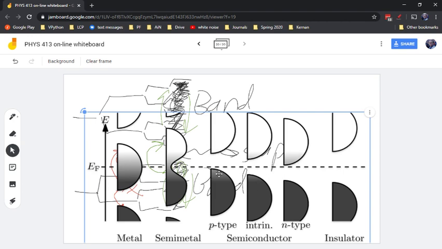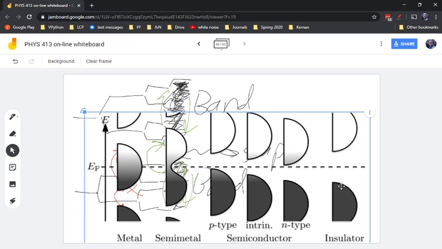You still have a gap, but the gap is near the Fermi energy, right? So for example, for an n-type semiconductor, here you've got the empty band near the Fermi energy. For a p-type semiconductor, you've got the full band near the Fermi energy. And so that's why you've got one type where the electrons move easily, and the other type where the holes move easily. That's when we talk about electrons versus holes in a semiconductor.